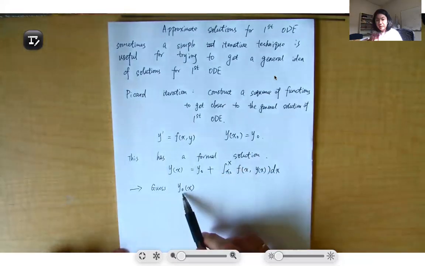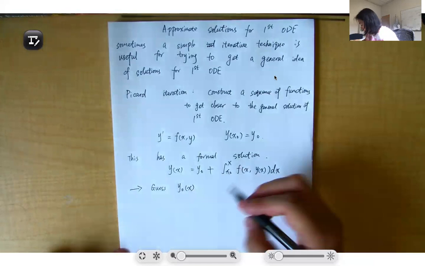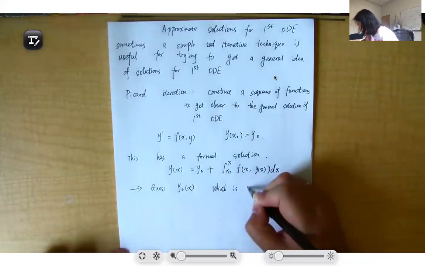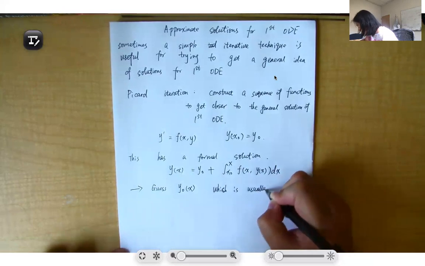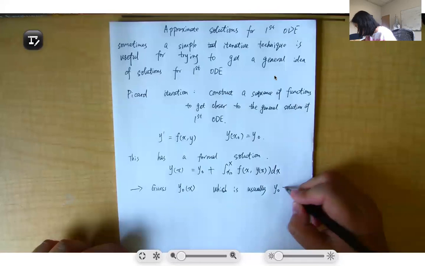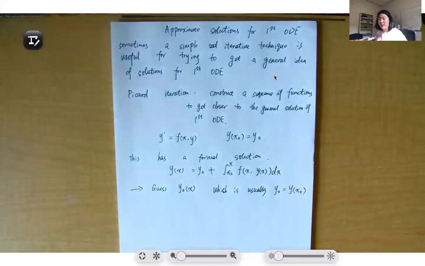Using subscript zero to represent the zero step, y0(x) is usually the initial value of that first order ODE, which is y0, equal to y(x0). So that is the initial value.